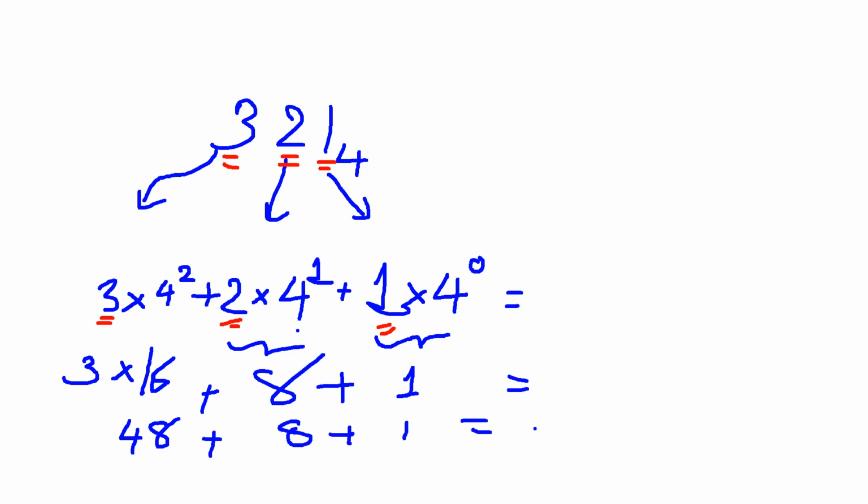Then it becomes 57. 57 is the value of this 321 in radix 4. The result is based on radix 10, or decimal value.